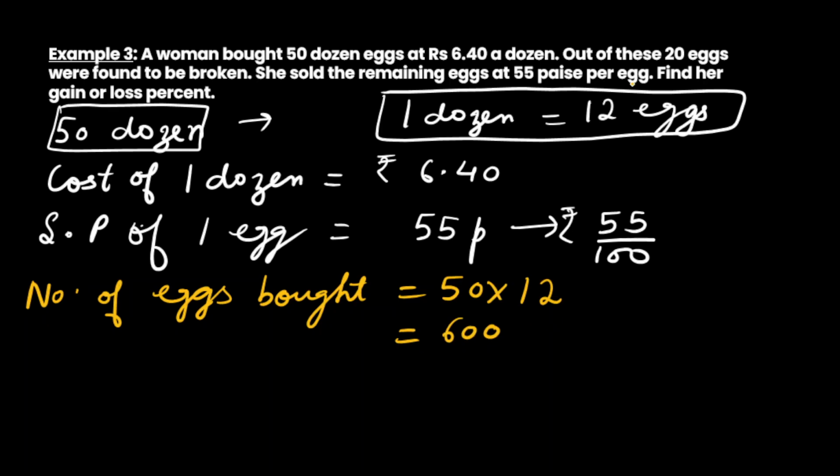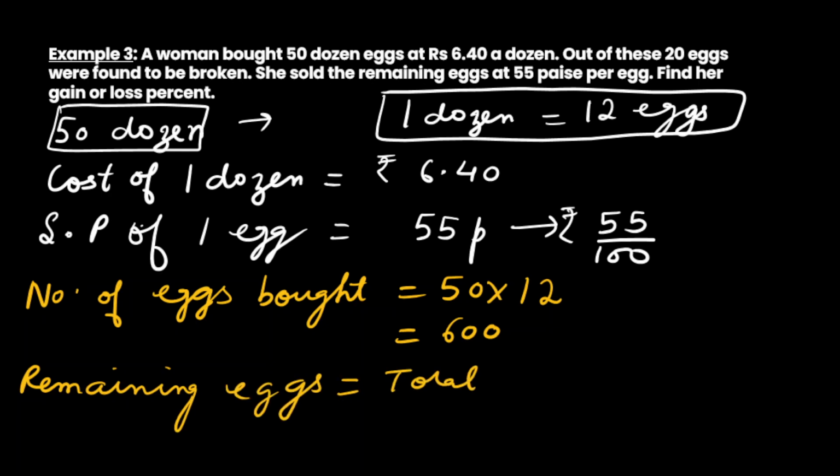Now, how many eggs are broken? Since 20 eggs are broken, we have to find the remaining eggs. Remaining eggs is equal to total eggs minus broken. From total eggs, that means 600, we can just subtract broken.